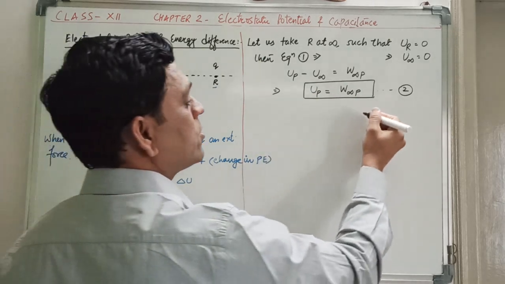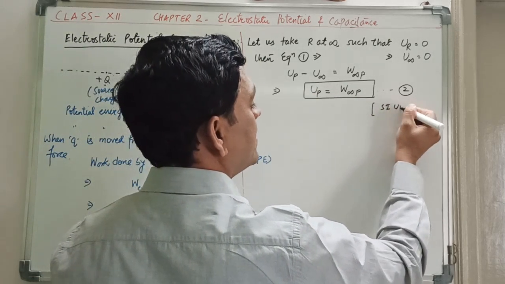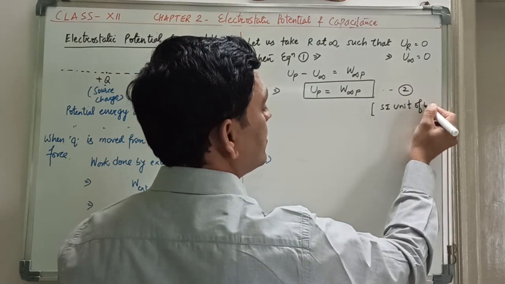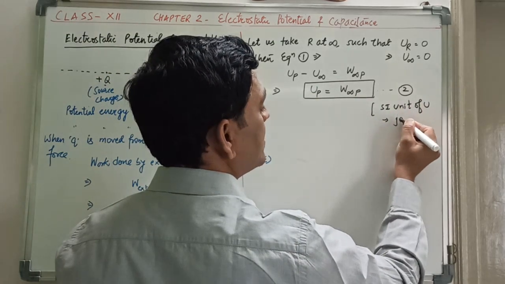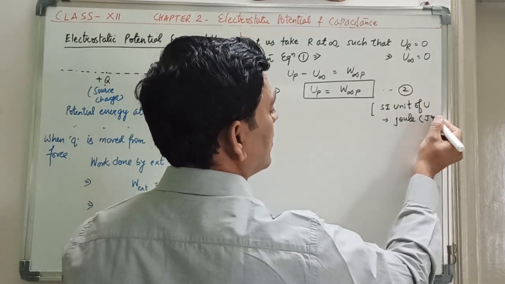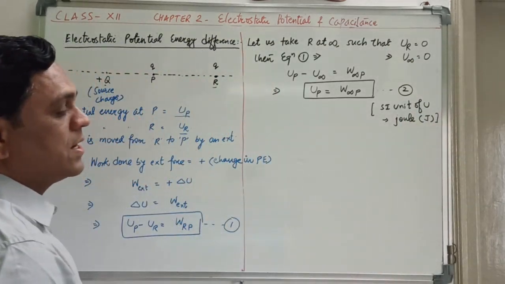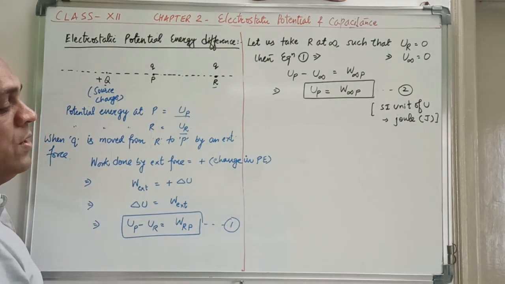The SI unit of the potential energy, SI unit of U, you always remember this, is the Joule. So we denote the potential energy in Joules here.